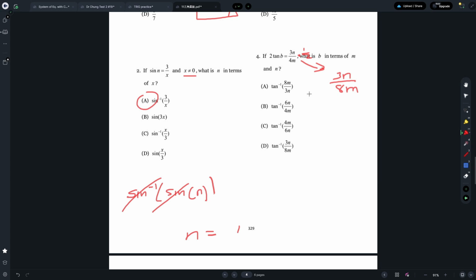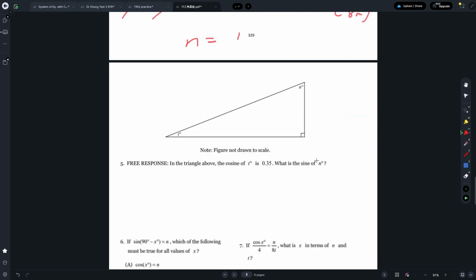And then you get tan b. If you take inverse tan on both sides, you get b equals tan -1 of 3n over 8m. So the correct answer is D.